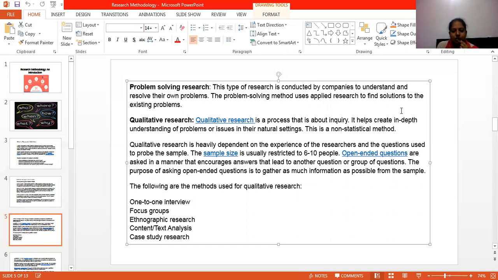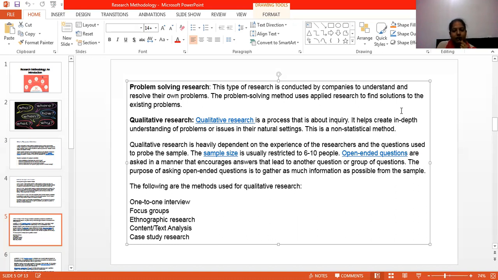The sample size is usually restricted to 6 to 10 people. Open-ended questions are asked in a manner that increases answers that lead to other questions or group of questions. The purpose of asking open-ended questions is to gather as much information as possible from the sample.